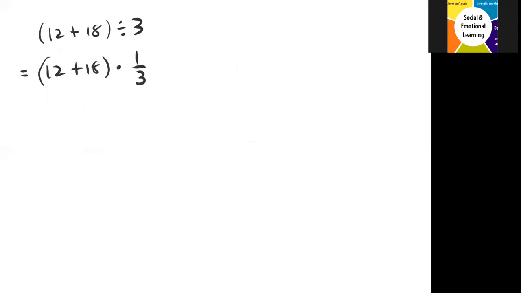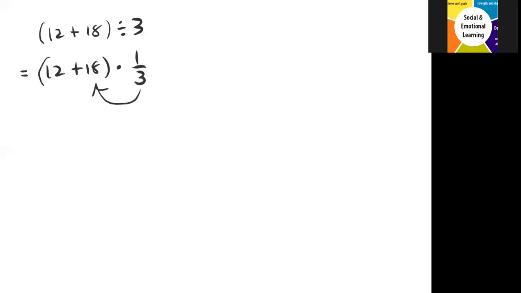So we could write this out a different way and say 12 plus 18 divided by 3. Well, that's equal to 12 plus 18 times 1 over 3. So now we've turned it into a multiplication. And now that we've done that, we can see that the distributive property applies, because we know that the distributive property applies to all multiplication.